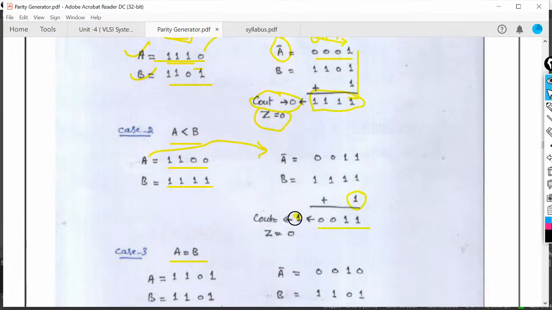Here you can see the value of carry equals 1. So if we get the carry as 1 and some output after the addition, the zero flag will be 0 and carry equals 1. This is the condition to get A is less than B.